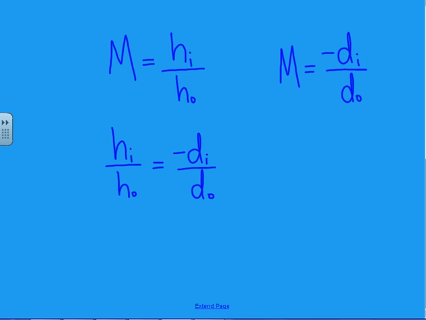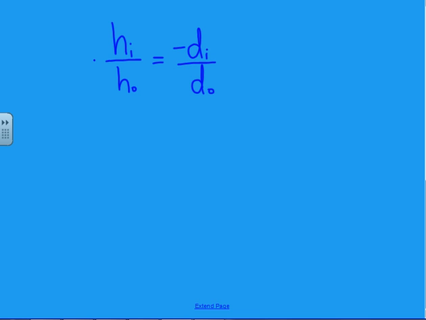Image height is what I'm looking for, so I will multiply both sides of the equation by object height. So that I find image height is negative image distance times object height divided by object distance.